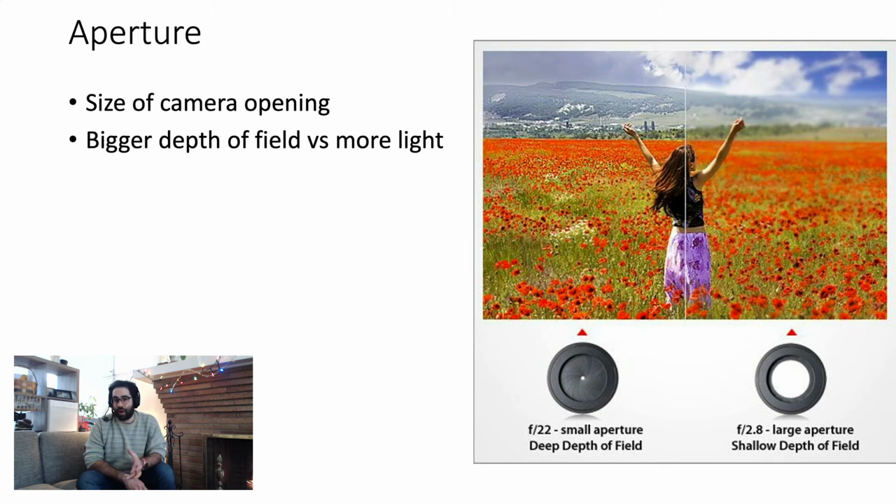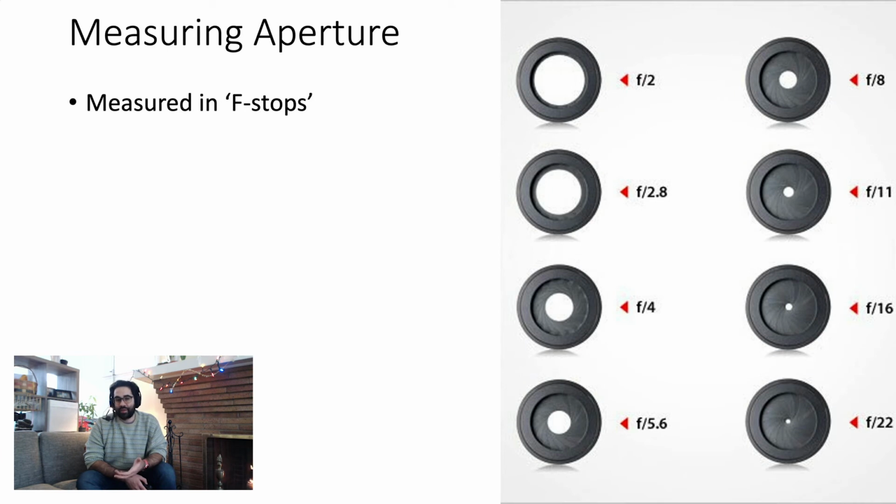That image has a smaller depth of field because it was taken with a large aperture. Since a bigger aperture lets in more light, that could give us more flexibility with our other exposure components or lighting conditions. Aperture is measured in a unit called f-stops, and it's a bit tricky because a bigger f-stop number actually means a smaller aperture opening, and vice versa.